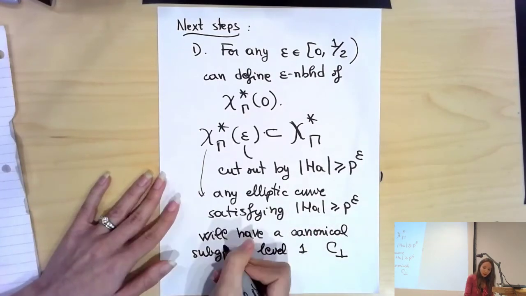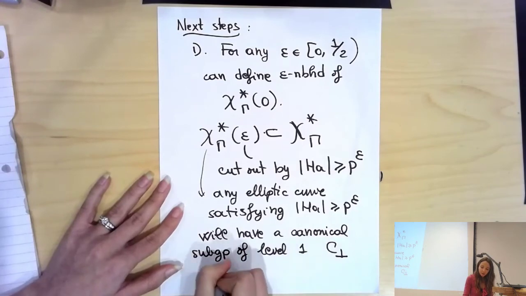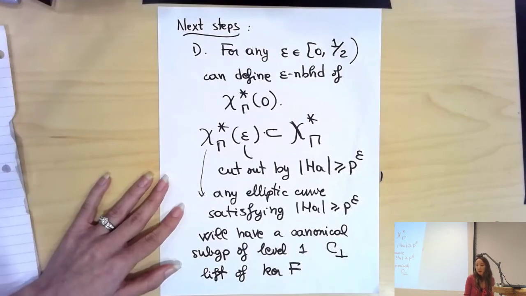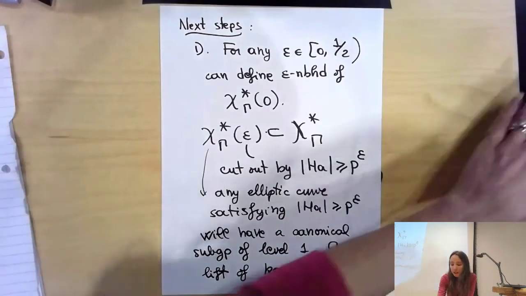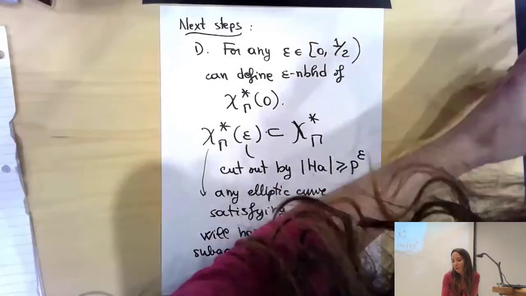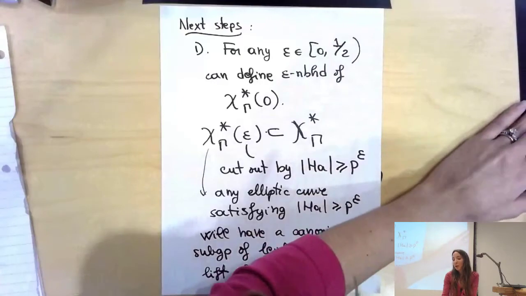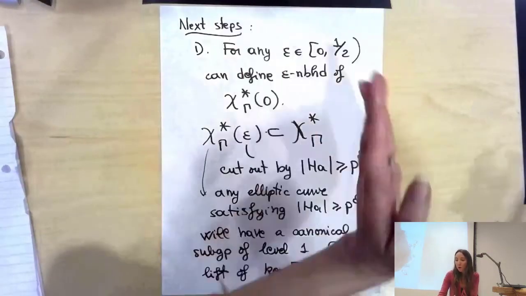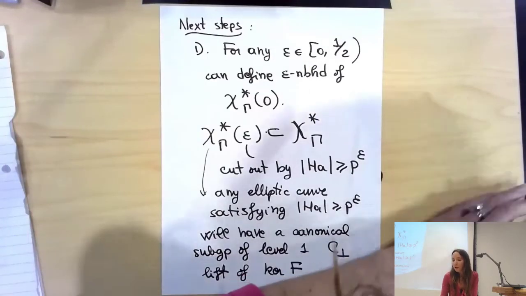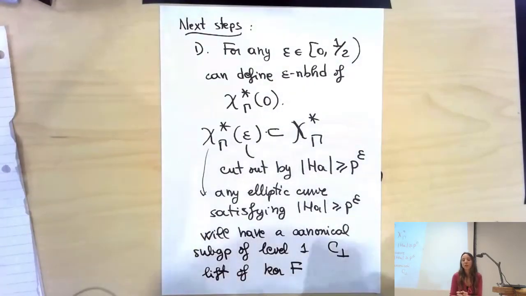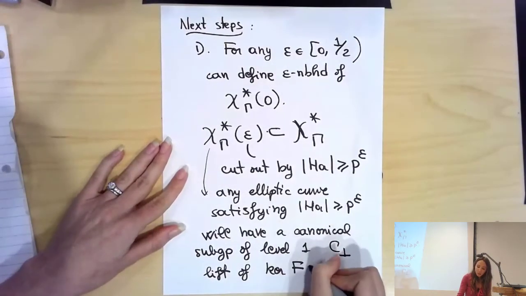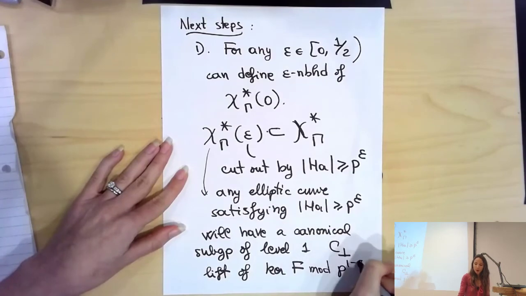And what you want to think of this as is a lift of the kernel of the Frobenius isogeny. Now the problem: once you're inside a supersingular disk, a priori it's not so clear how to lift things to characteristic 0. We use the fact that the co-kernel, if you quotient out by the kernel of Frobenius, what you're left with is something that lifts to characteristic 0 uniquely. So this is going to be a lift of this mod p to the 1 minus epsilon.